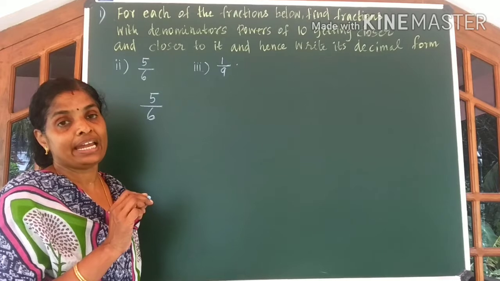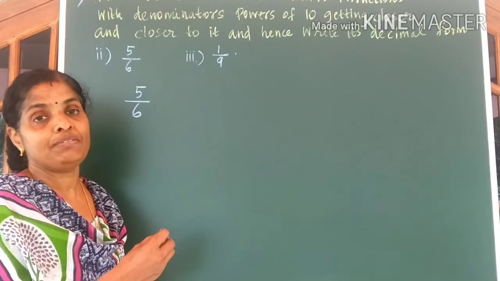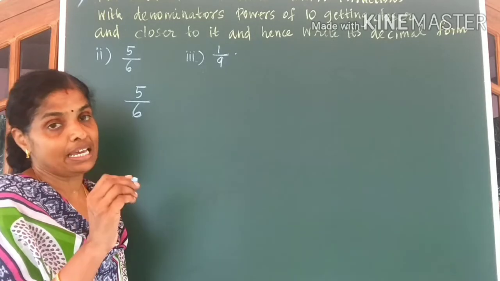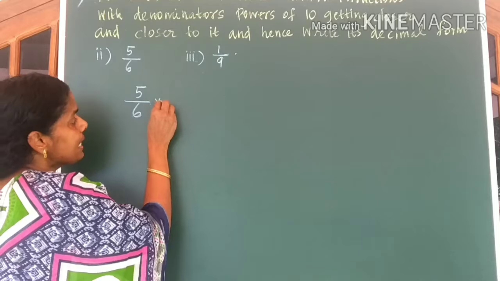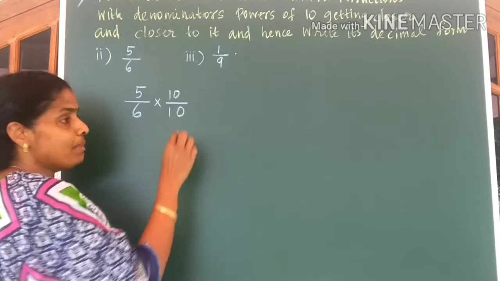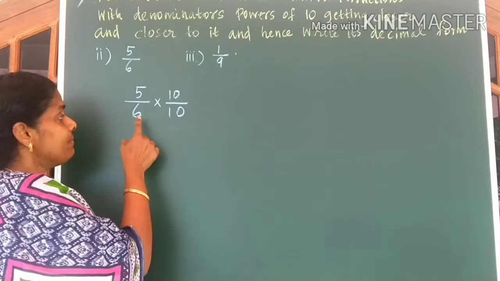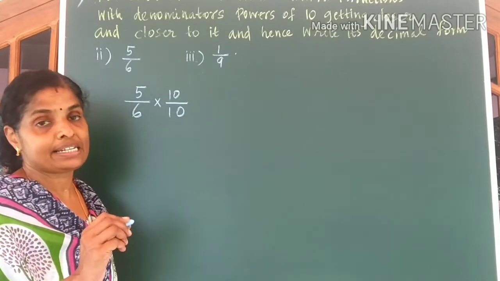So what is our idea? We multiply and divide the given fraction by 10, so that the value of 5 by 6 is not altered. Is it clear?